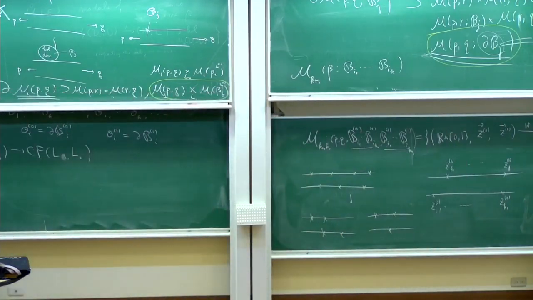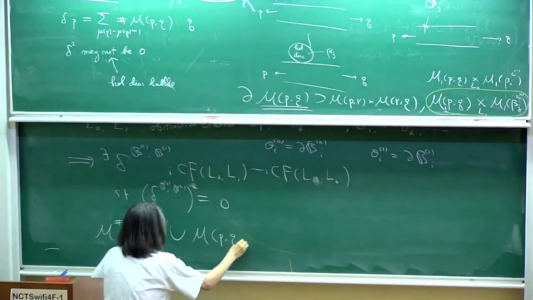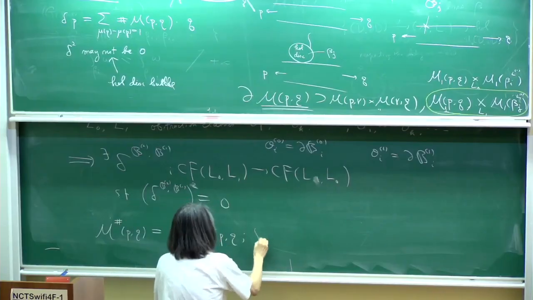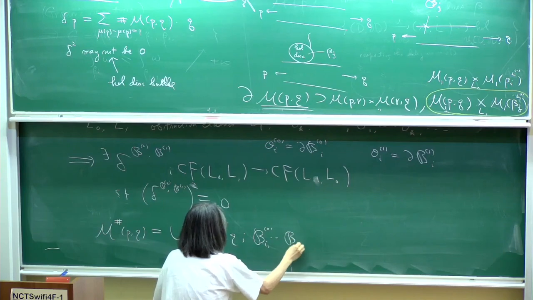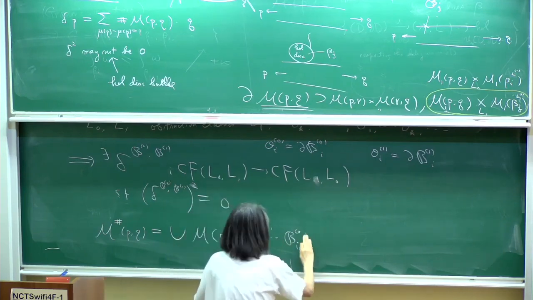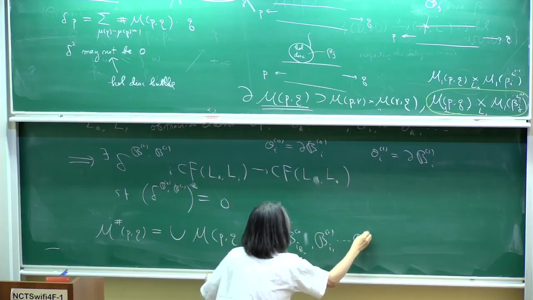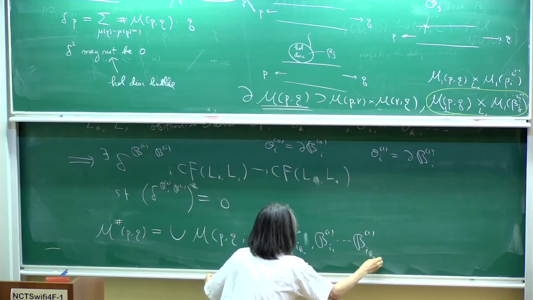So how do we define this? In this case, what we do is, again, we consider M sharp of PQ. It's the union of this M(P,Q) and all possible B_{i1}, ..., B_{ik0}, and B_{1,i1}, ..., B_{1,ik1}.